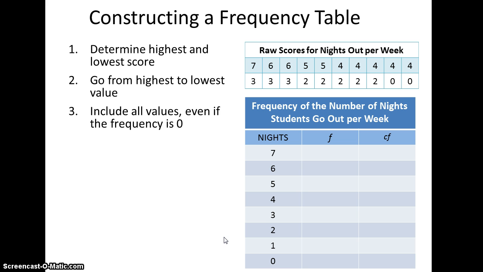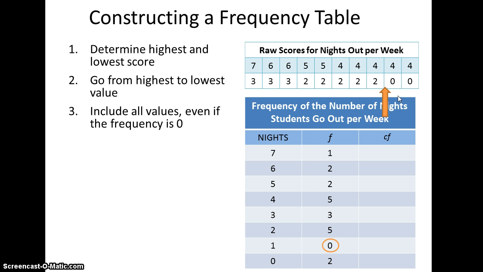Next, we're going to include all values even if the frequency is 0. Now you'll notice if you look at our raw scores that for 7 we have 1 observation, so 1 case. For 6 we have 2 observations, 2 cases. But when we get down to 1, you notice that there is no 1 in our raw scores.